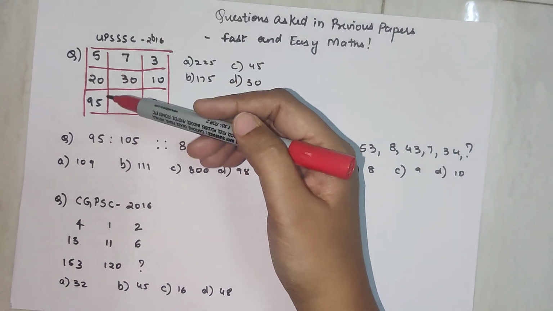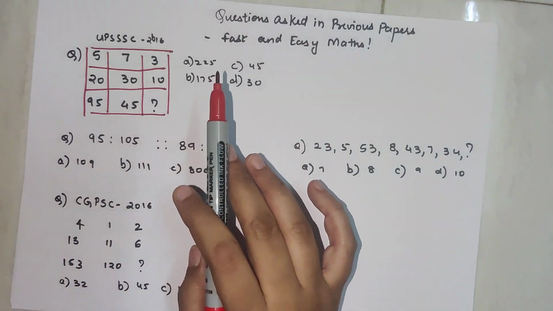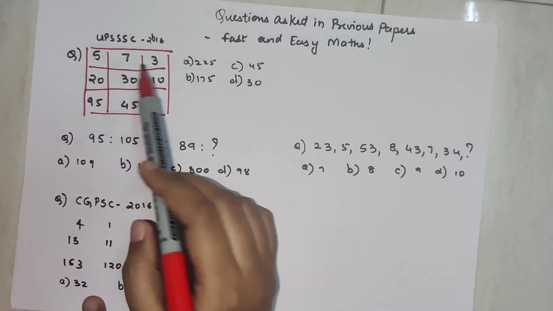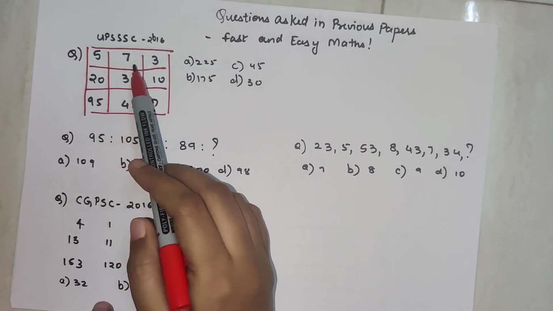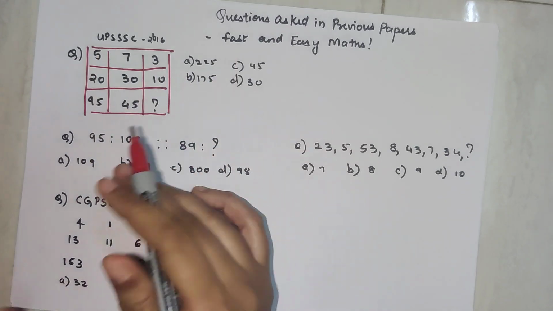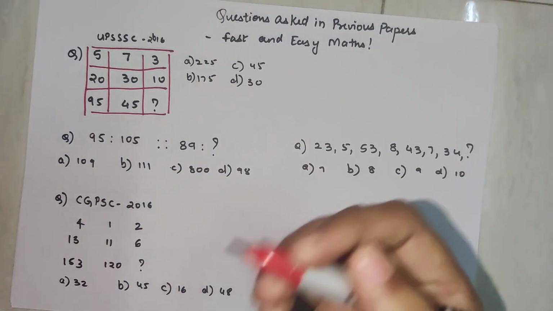So the horizontal total is not working. Similarly, you will find that the vertical total is also not working. So what you can do is see, now this is very similar. If you do 30 minus 10, you will get 20, correct? But here if you do 7 minus 3, you should get 4, but you're getting 5. So that is also not going to work. Then in this case, what you should do, this is a bit different.